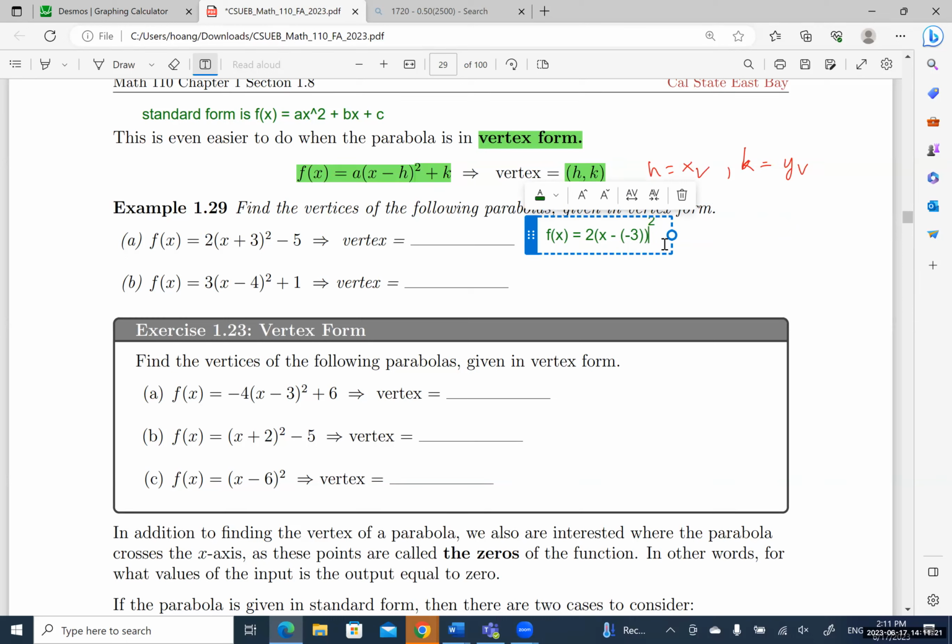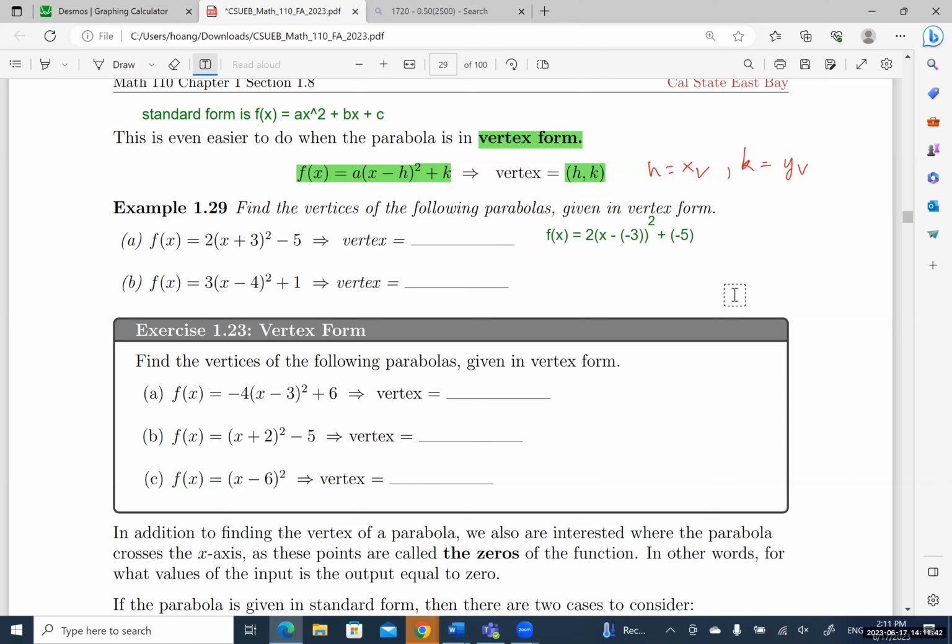And plus k, right? So I put out the plus sign here, and the k, and there's -5 here. I just need to put -5 here to make it the same value as before.